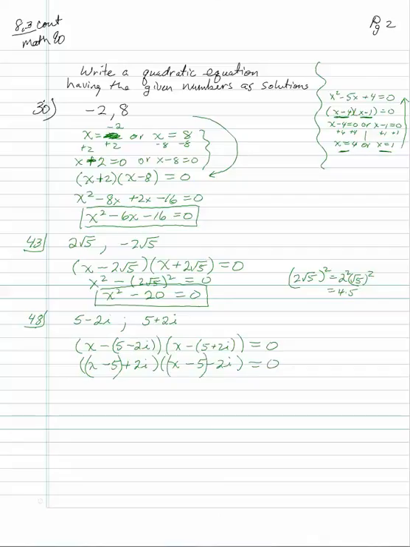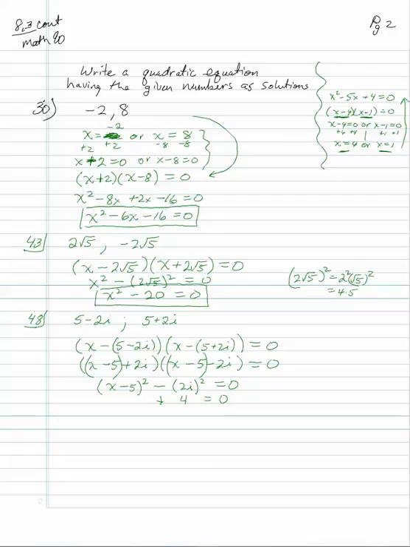And now I'm going to view this as a difference of squares again. So 2i in parentheses squared becomes 4i squared, and the i squared makes the negative become a positive.